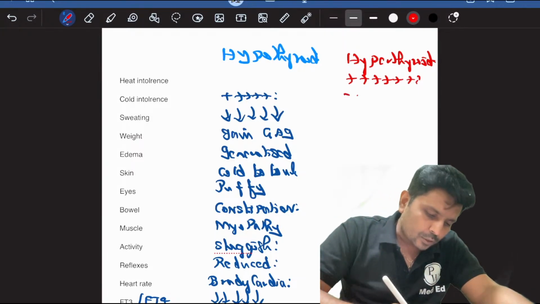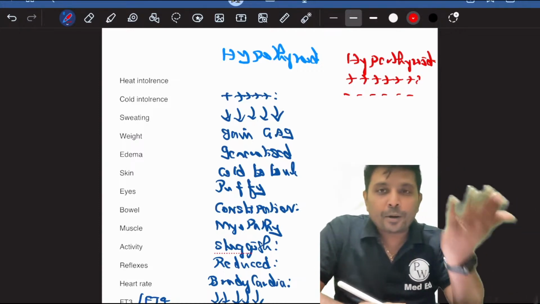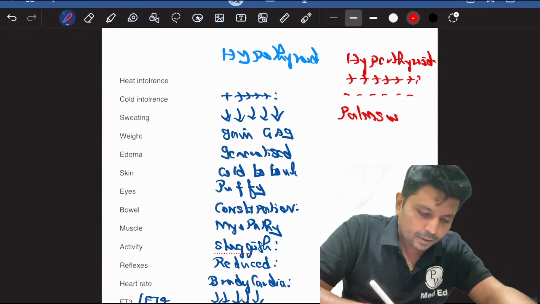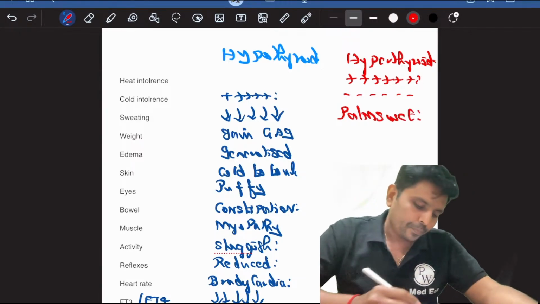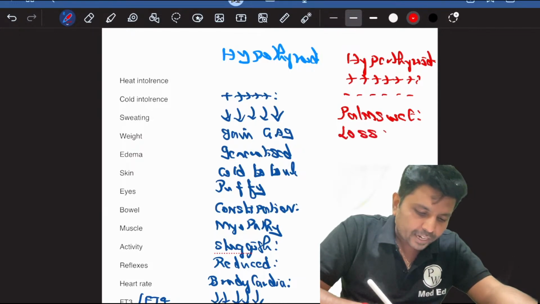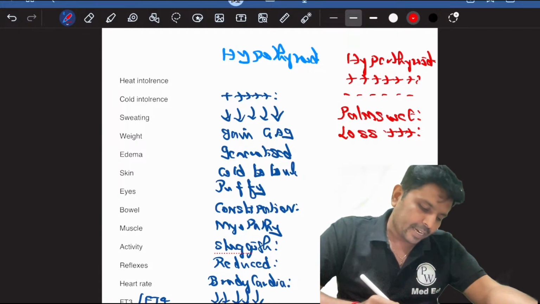Cold intolerance? No. And what about sweating? Always their palms will be wet. Increased sweating. Palms will be wet because of increased sympathetic activity. And weight loss will be there because of excess calorigenesis.